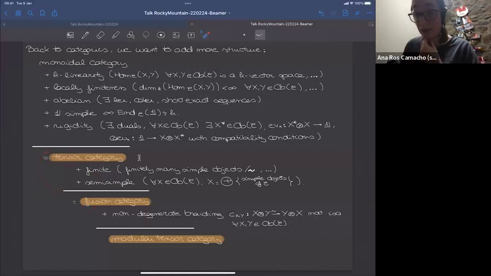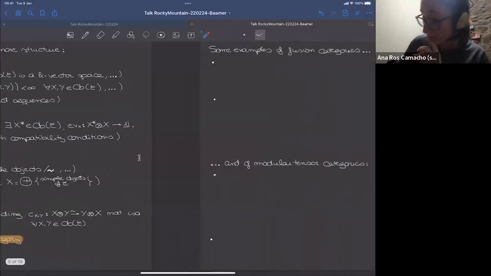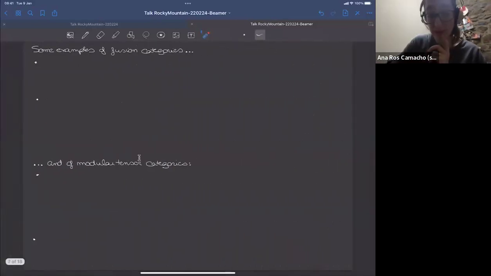And then if you have a certain notion of braiding, so if you have two objects, you braid them, and it satisfies some non-degeneracy condition, well, long story here, then you will have what's called a modular tensor category.